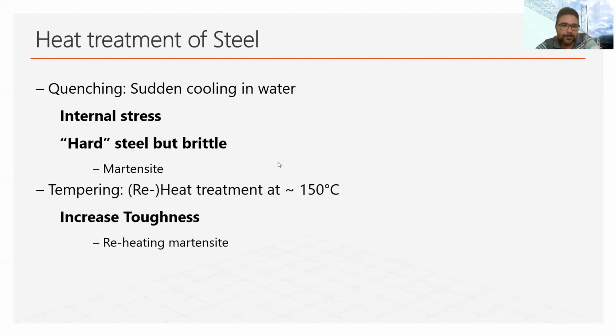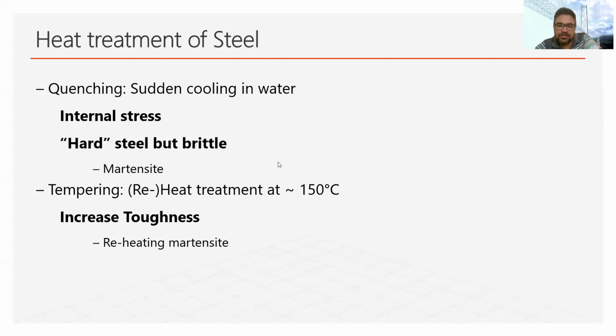Another important process which is used in heat treatment is called tempering. This tempering is a process of heat treatment, and it is used to increase the toughness of iron based alloys. It is performed after the hardening.